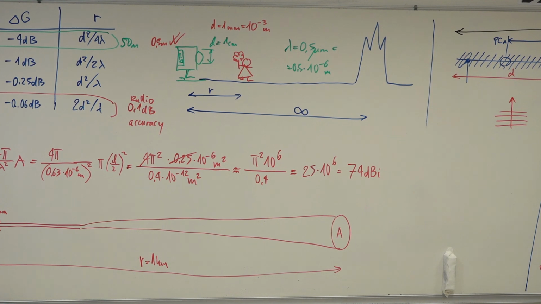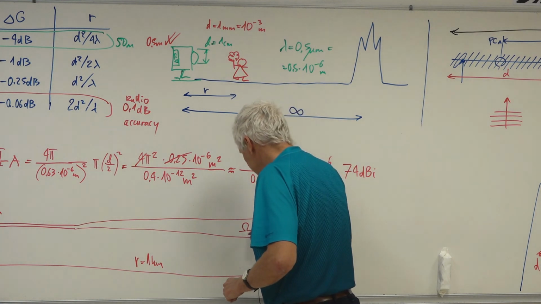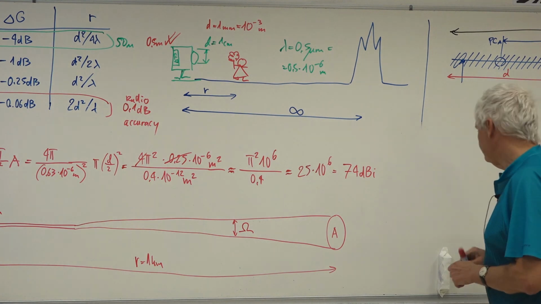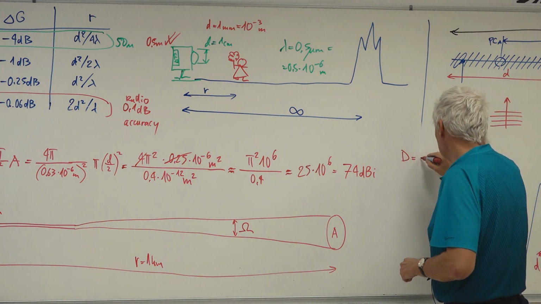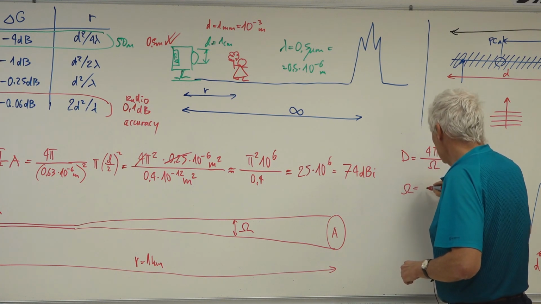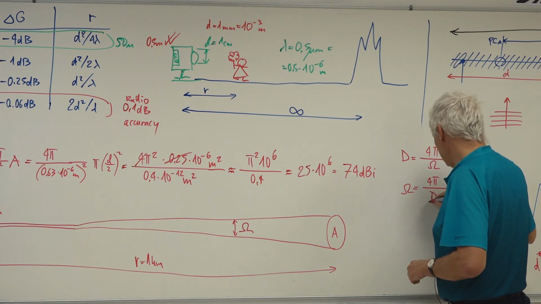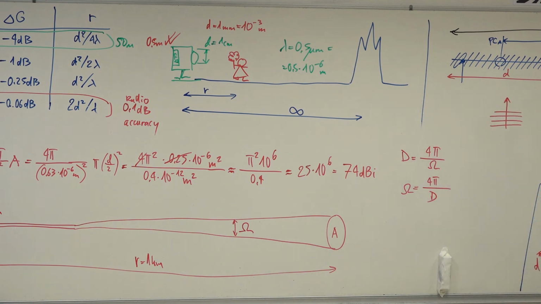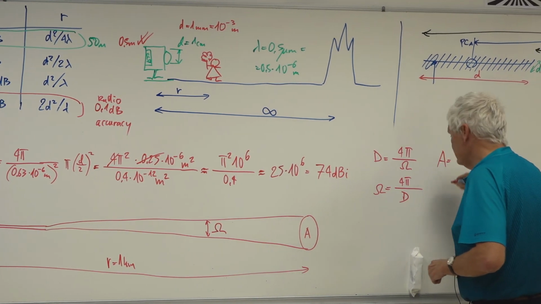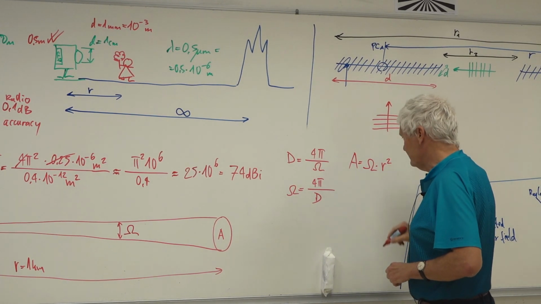Now, what is the area covered here? We can calculate the omega here. We said that directivity is 4 pi divided by omega. So omega is 4 pi divided by the directivity. And the area the beam is going to cover is omega times r squared.